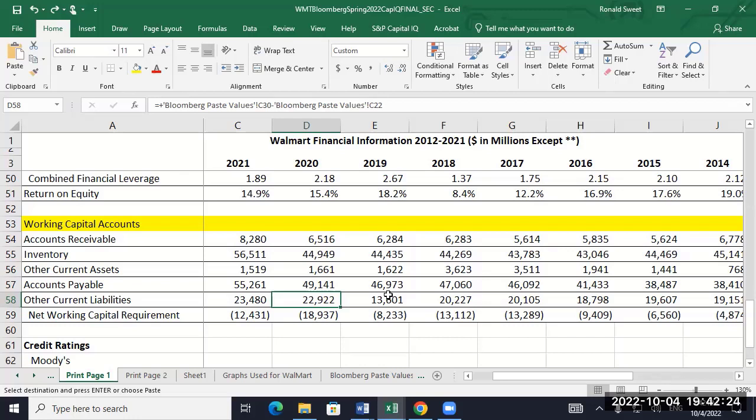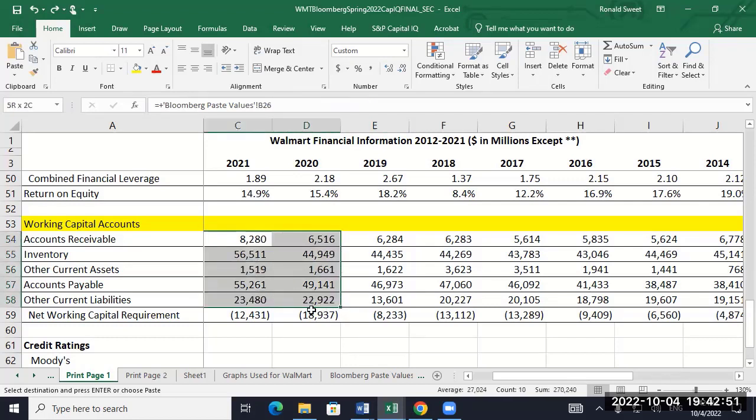If you want to go find it out, you certainly can. You just go in the annual report and try to find a line item in other current liabilities that jumped dramatically and try to figure that out. I did that for Walmart. It had something to do with something bizarre, some subsidiary that they did. Really, it wasn't so much that it jumped in 2020, it's that it dropped so much in 2019 and it came back in 2020.